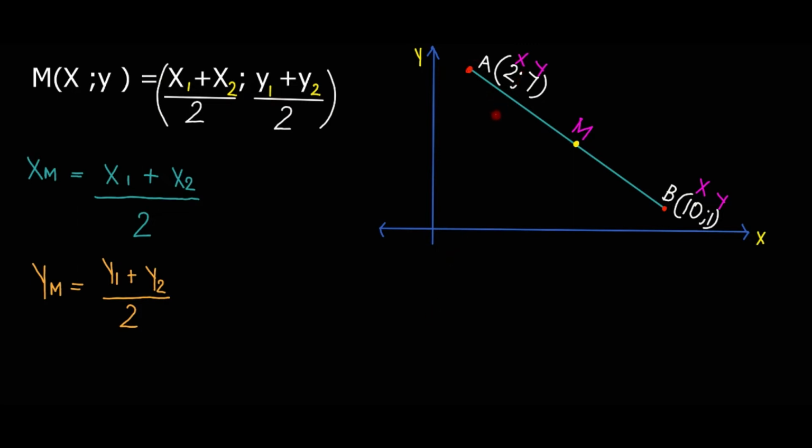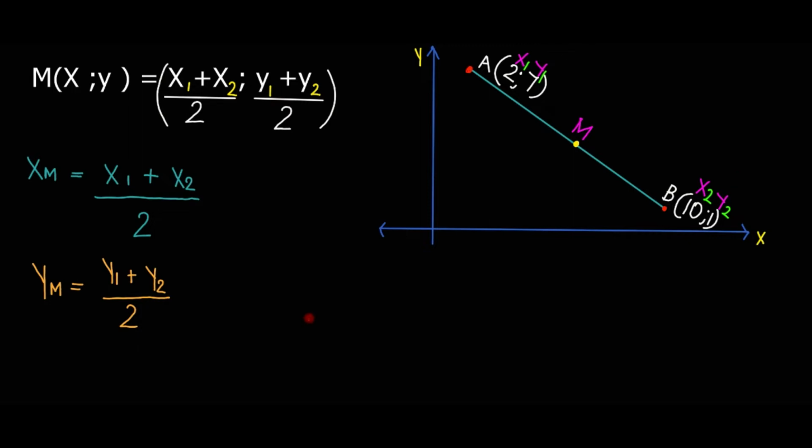Let's say we choose point A to be point 1, which means this one will be x1, y1, and then obviously point B will be x2 and y2. If you like, you can choose this one to be x1, this one y1, this means this one will be x2 and y2. So it's all up to you right now, choose which point is x1 and which one is x2.